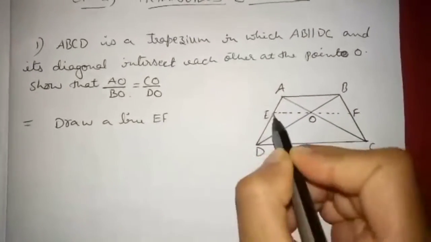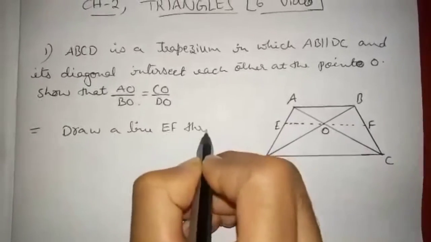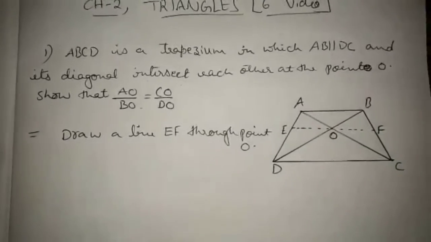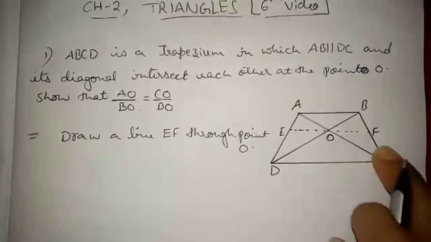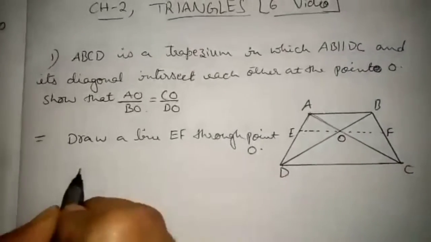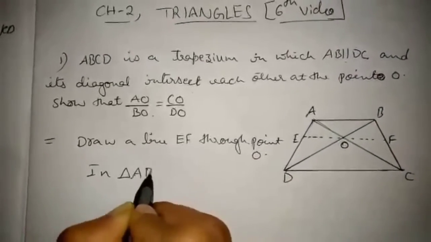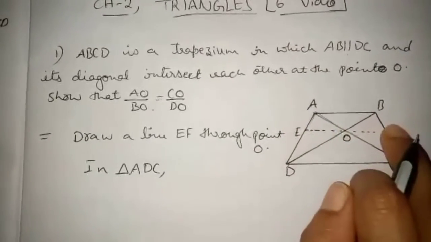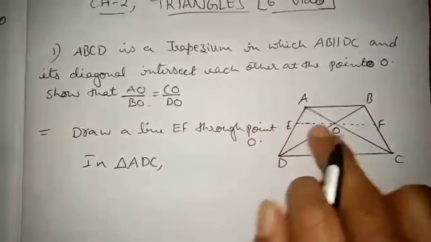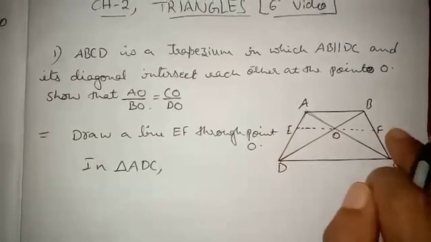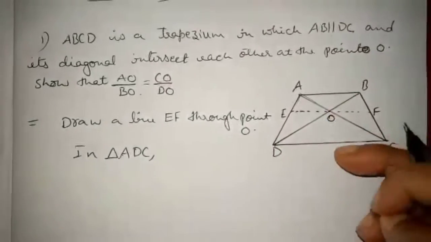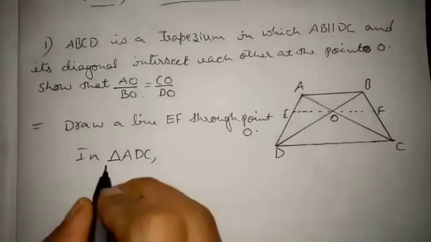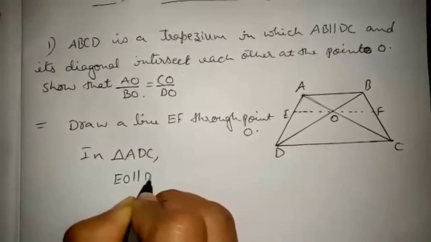So we have drawn a line EF through point O. Next we'll take triangle ADC. In triangle ADC, we have drawn the EF line through point O such that EF is parallel to DC. So EO will be parallel to DC, right?